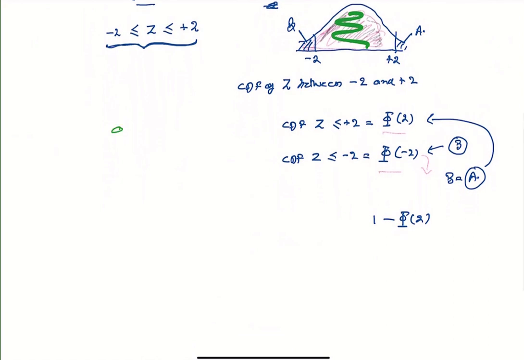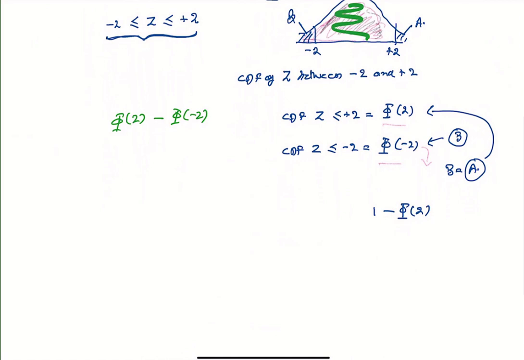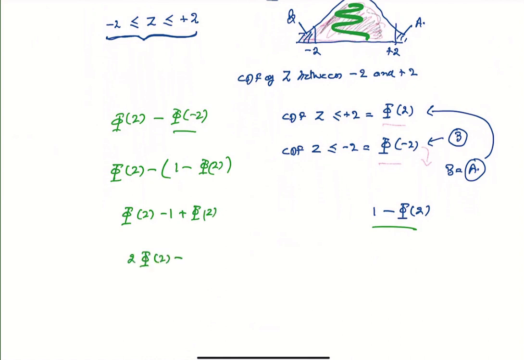You are going to subtract phi 2 minus phi minus 2, but we can also write it as, because phi minus 2 is just 1 minus phi 2, you can write it as phi 2 minus 1 minus phi 2 to simplify this. So that becomes phi 2 minus 1 plus phi 2, or it becomes 2 phi 2 minus 1.